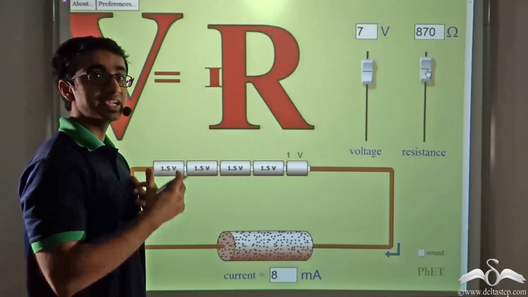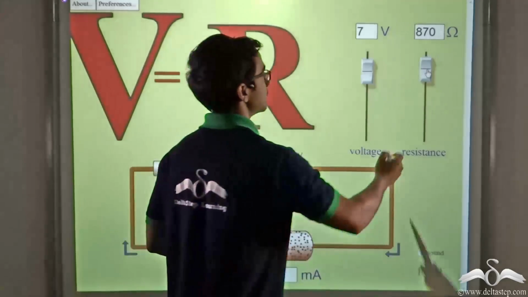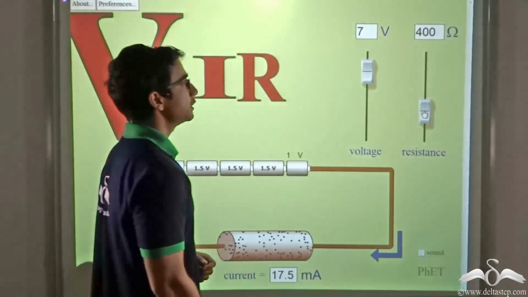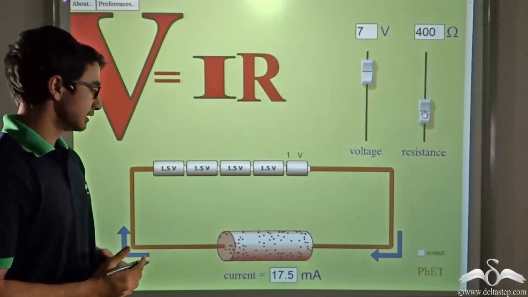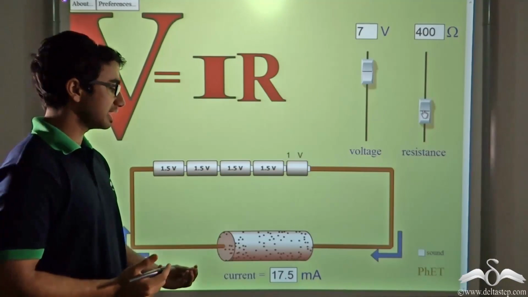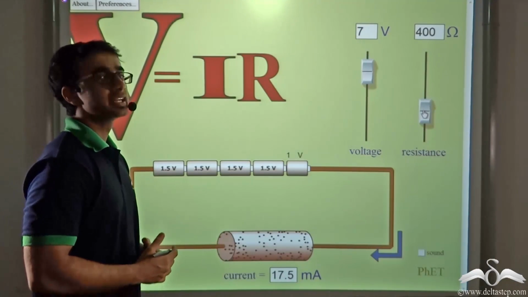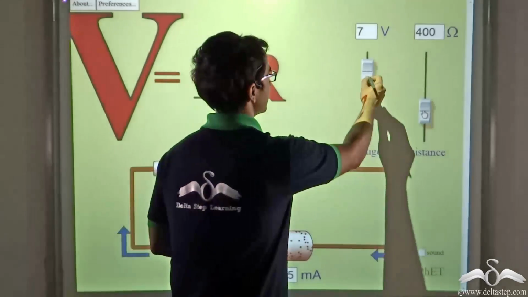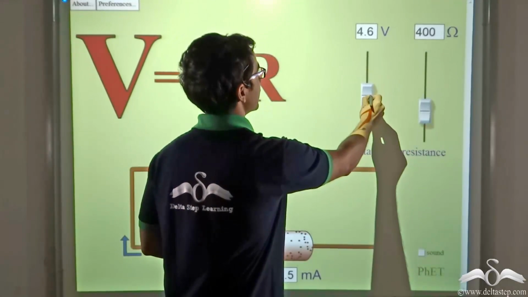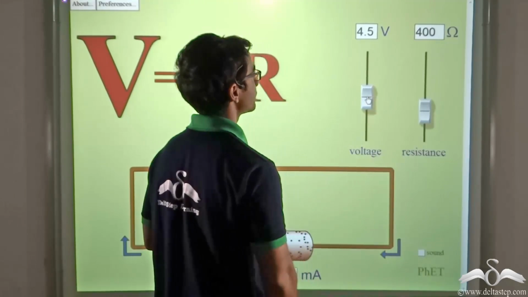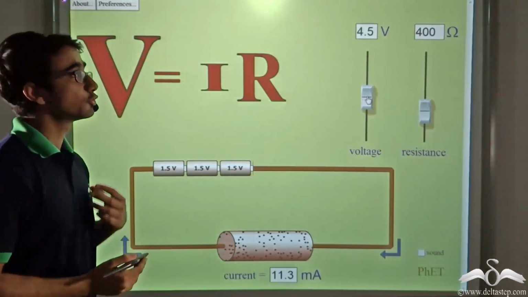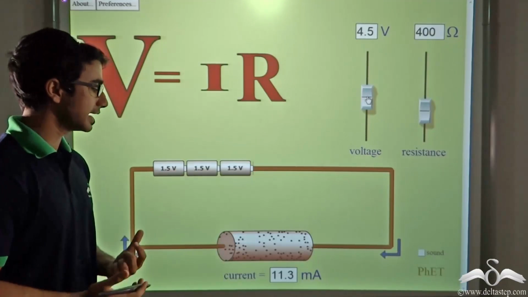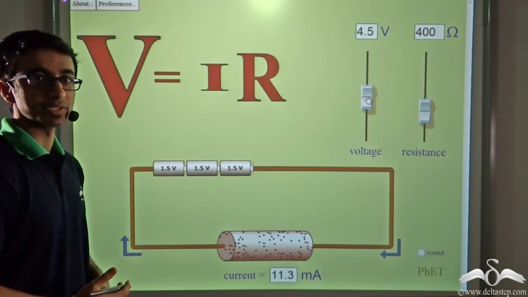Now what happens if I decrease the value of resistance? Let's say I bring down the resistance to 400 ohms. The current becomes 17.5 milliamperes. Now if I go back to our original voltage of 4.5 volts, we had found earlier that at 550 ohms we had obtained a current of 8.2 milliamperes.